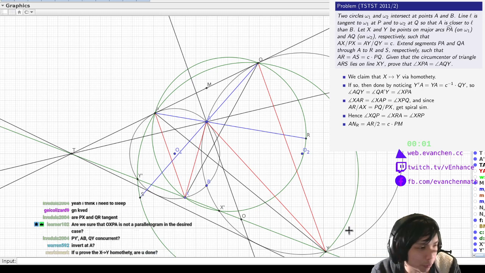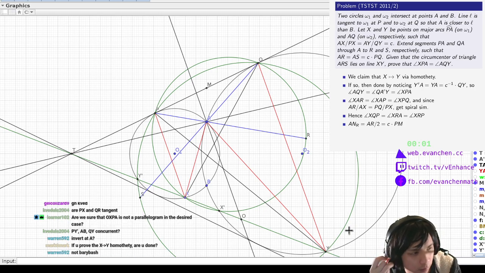If we prove the X through Y homothety, we are done. We've had that since the very start. Invert at A. Honestly, that might work. I might believe inversion at A. So ARS is still isosceles. What happens if I invert it? I have all this spiral junk.